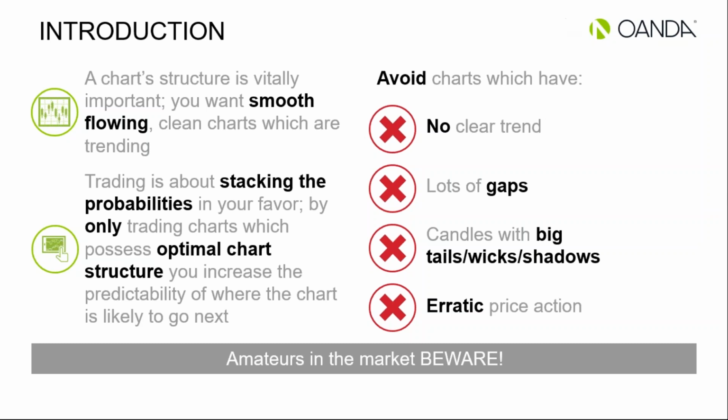All right, so price action, price structure. Now, when we talk about optimal price structure, we are looking for charts which show us smooth, flowing, trending markets. You can only add on technical indicators and overlays where the chart possesses optimal chart structure.